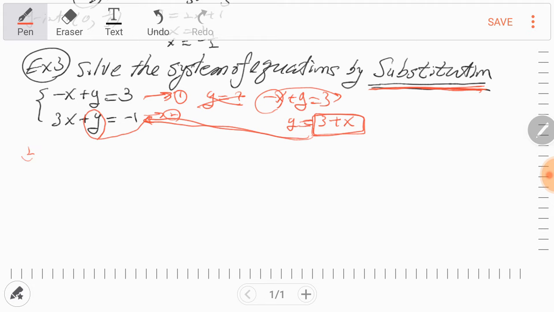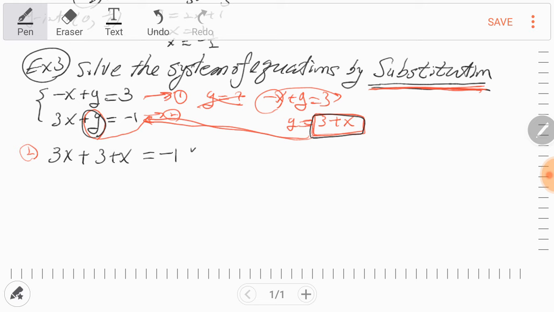Then from equation 2, 3x minus... plus y, and the value of this y is 3 plus x. So 3 plus x equals negative 1.